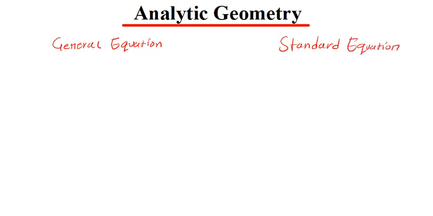There is what is called the general equation, and there's what is called the standard equation of the circle. Don't confuse these two. They are very interesting. The general equation is very important that we keep it dear to ourselves because we are going to use it a lot of times.